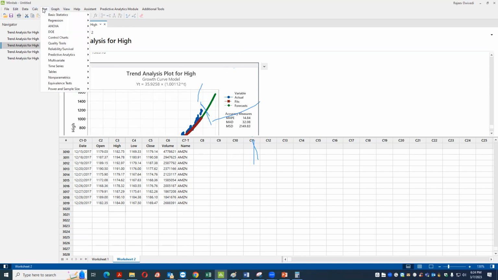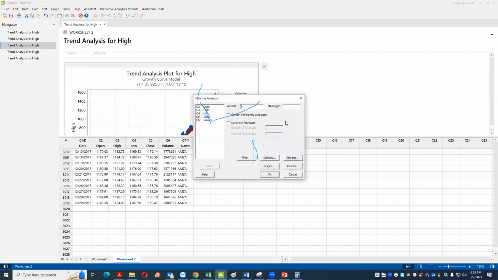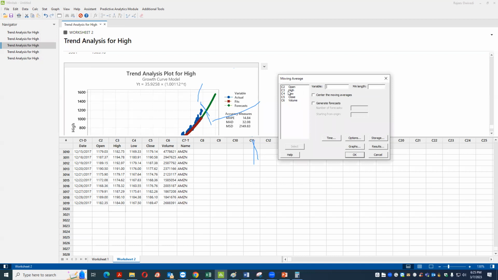Let's say I'm going to do a simple forecasting here and see how that works. I just do statistics, because after the next value, it becomes exactly the same. The forecasted numbers will be exactly the same. So I go under time series analysis, and here we have moving average. I'm just going to put in the center moving average and generate forecast.